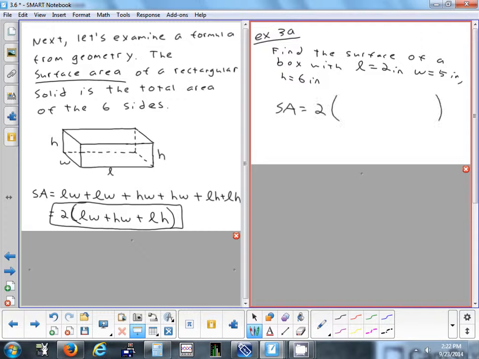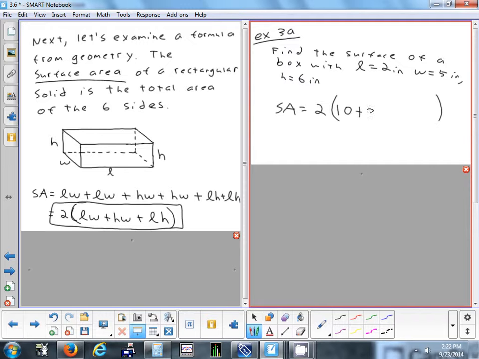Alright, let's fill it in. The first part of the formula says to do your length times your width. What's our length times our width? 10. Good. What's our height times our width? 30.